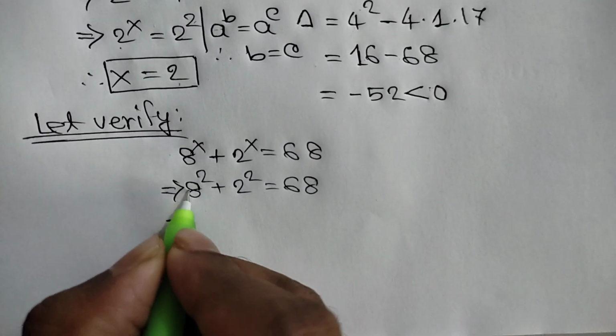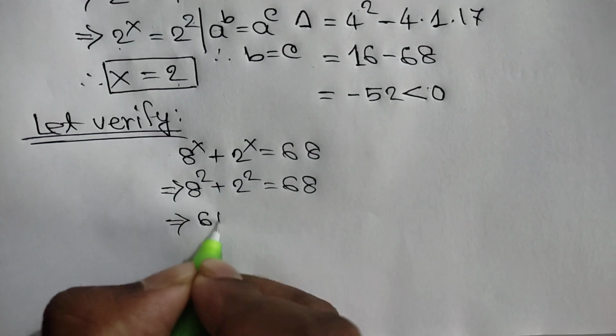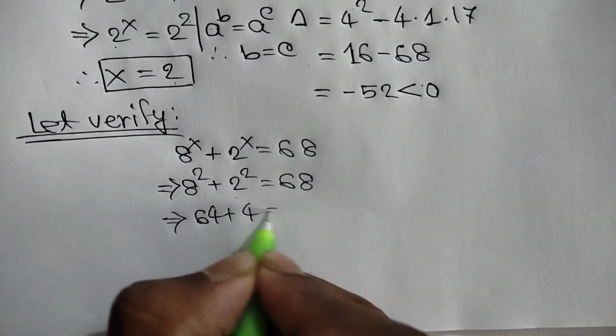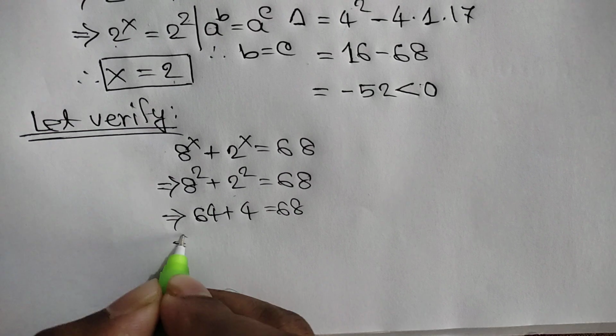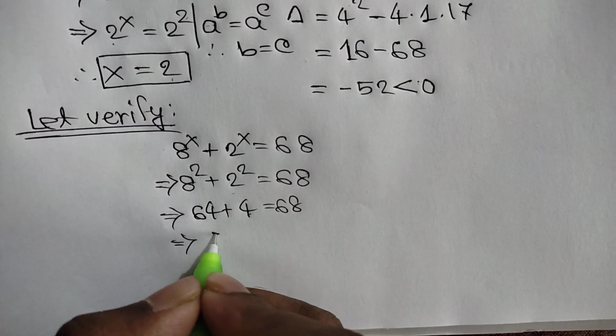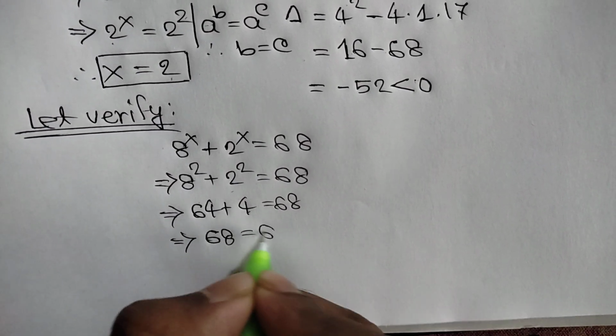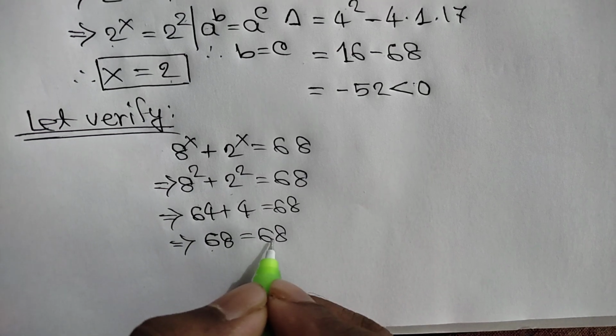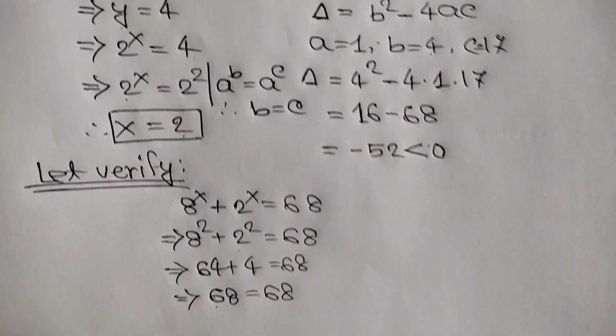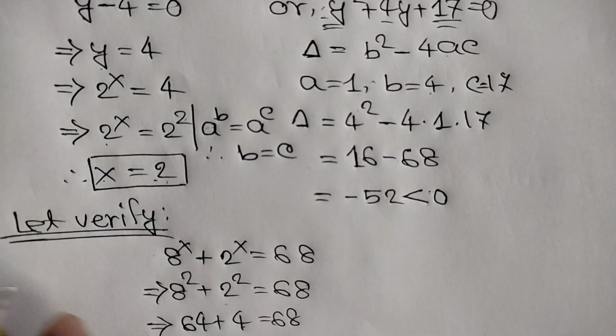So 8 square, that means 64, plus 2 square, that means 4, is equal to 68. So 64 plus 4 is equal to 68. So left hand side is equal to right hand side. So the value of x is 2.